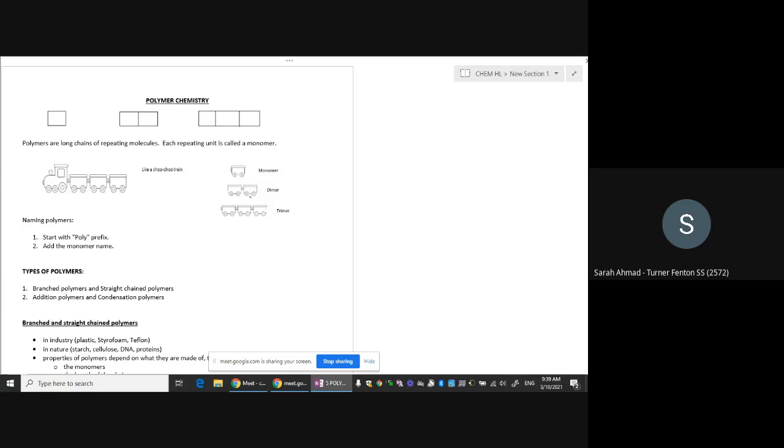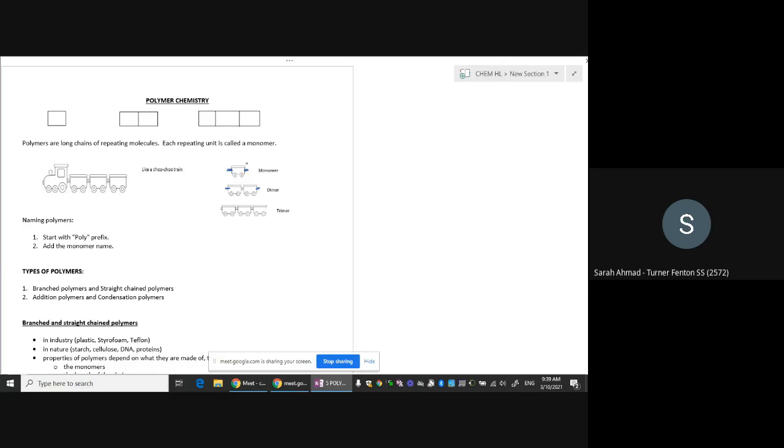We've all been at that stop sign where you're waiting sometimes 10 minutes for this long train to pass through with a bunch of cars on there. So the idea is one single repeating unit is known as a monomer, but the catch is that this monomer must have like 2 sort of plugs so that it can plug onto the next one and allow for the continuation of this chain.